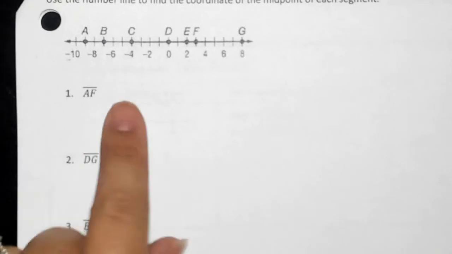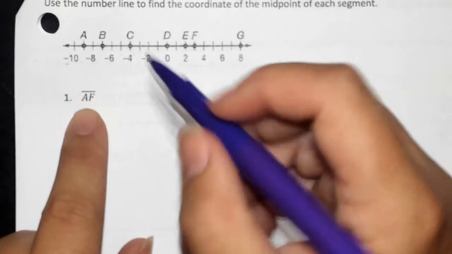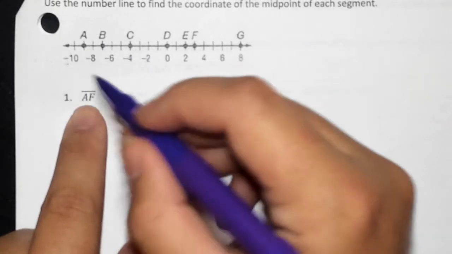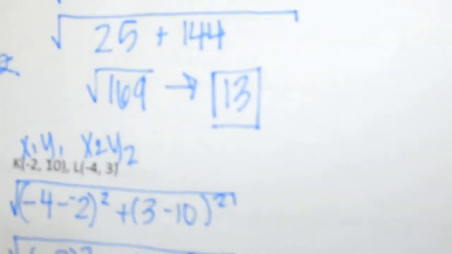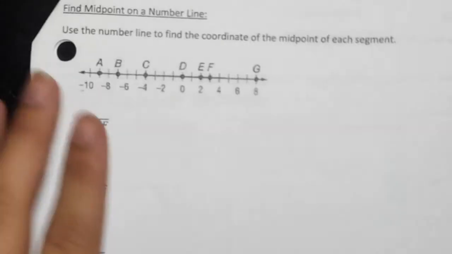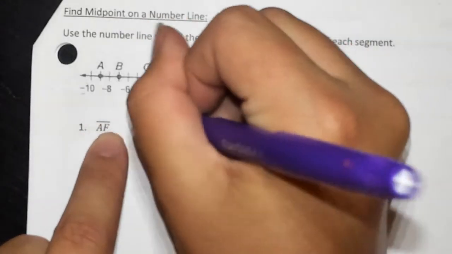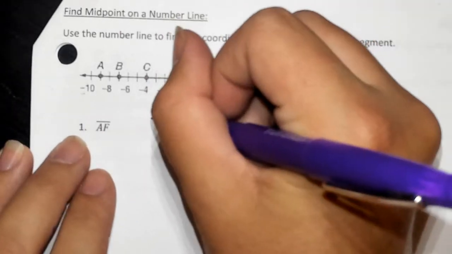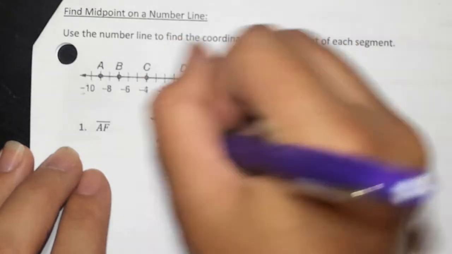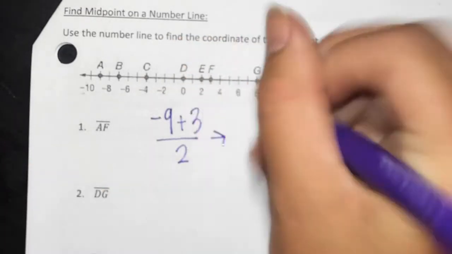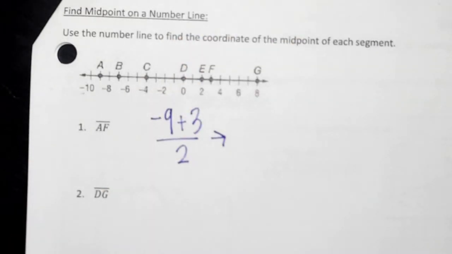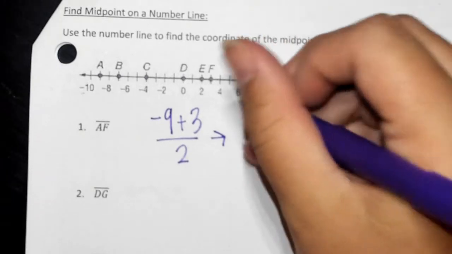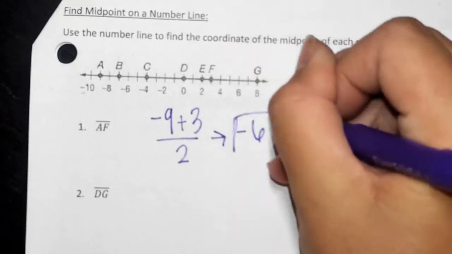So if you look on the back, we want to find the middle of line segment AF. Okay, so let's take the 2 numbers. Take A. What's A? -9. Take F, which is what? 3. To find the middle, we divide it by 2. So halfway would be -6.